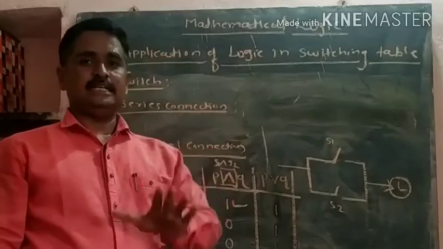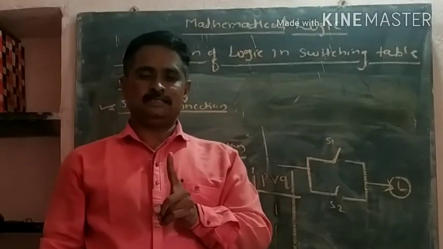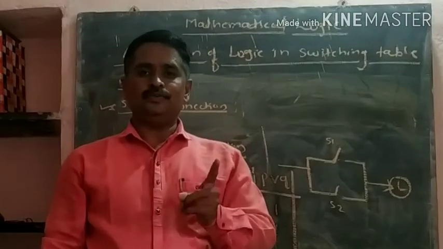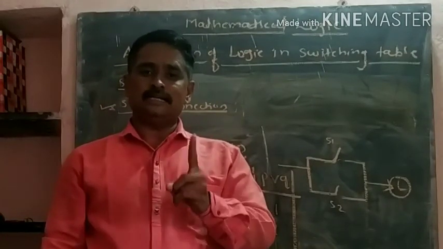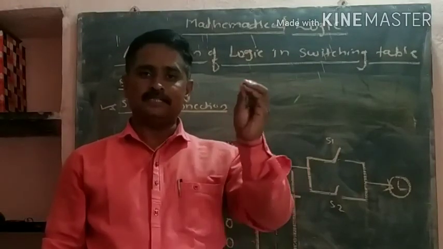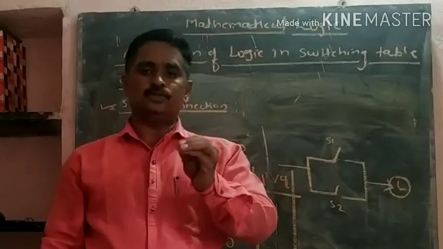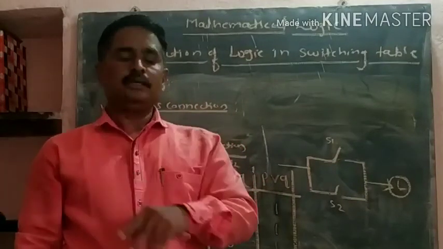In a series connection, if we have two switches S1 and S2, there is only one chance that current will flow: if both switches are closed. That means S1 is closed, S2 is closed, then current will flow; otherwise current does not flow.